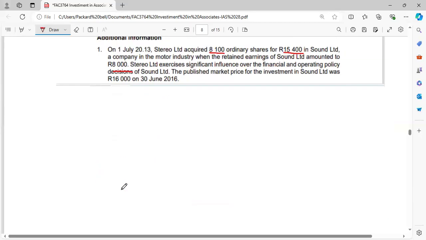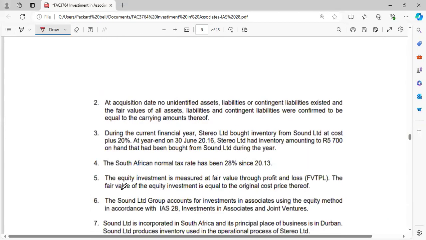Then let's check on note number two. At acquisition date, no unidentified assets, liabilities, or contingent liabilities existed, and the fair value of all assets and liabilities was confirmed to be equal to the carrying amount.